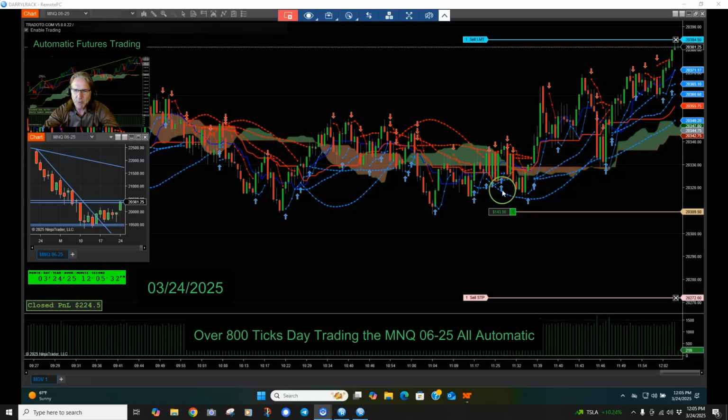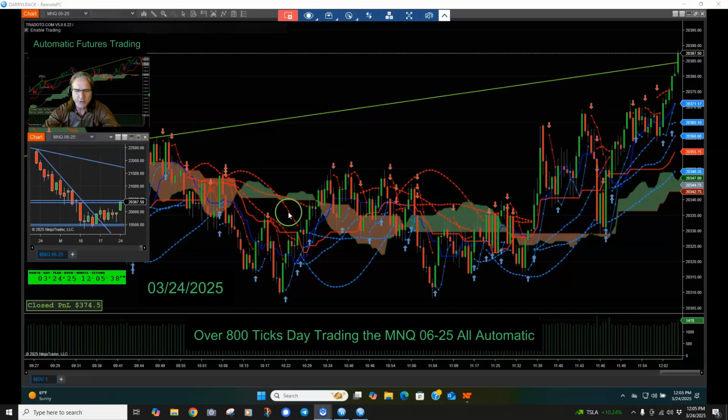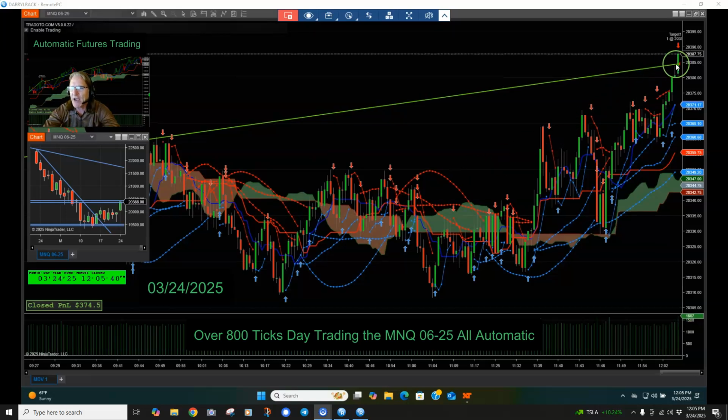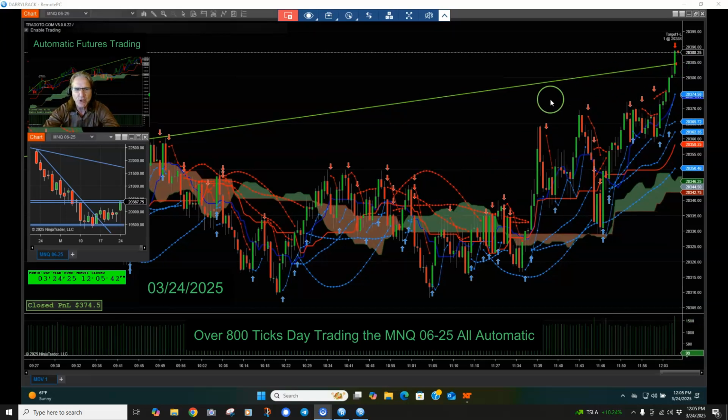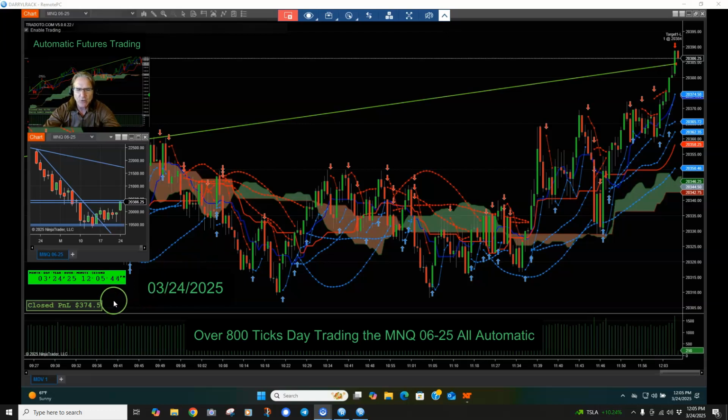We're up about 280 ticks on this trade, about 400. There's the target right there. Went straight through. Close P&L now over 700 ticks. Okay. Over 700 ticks close P&L at the current time.